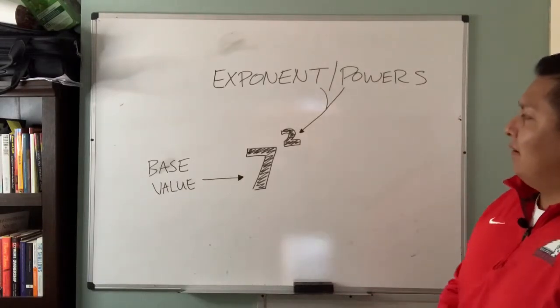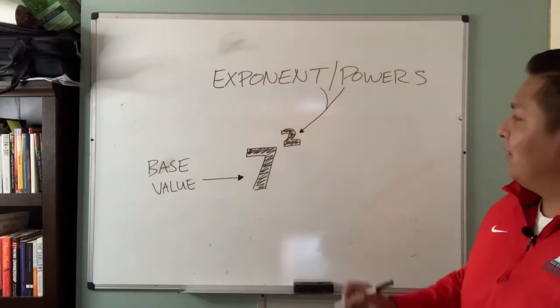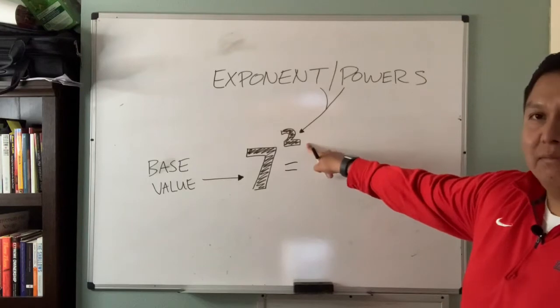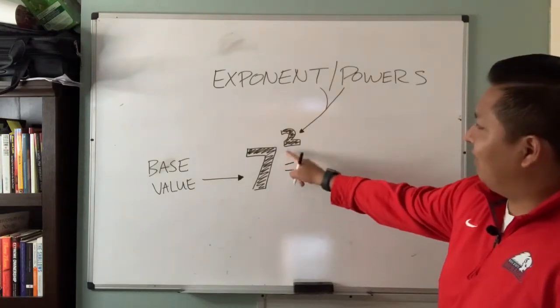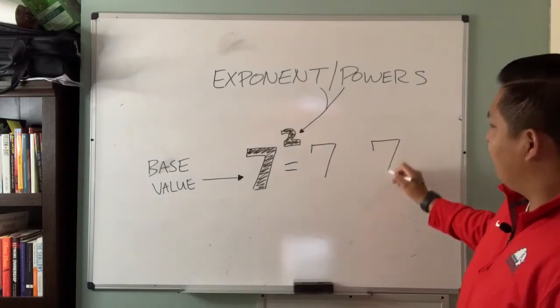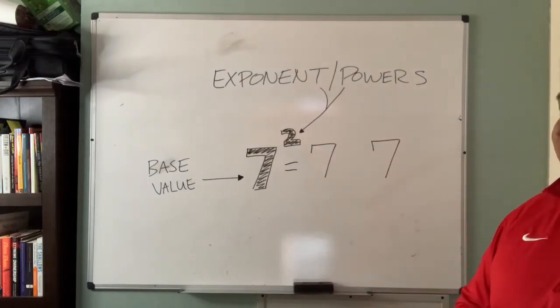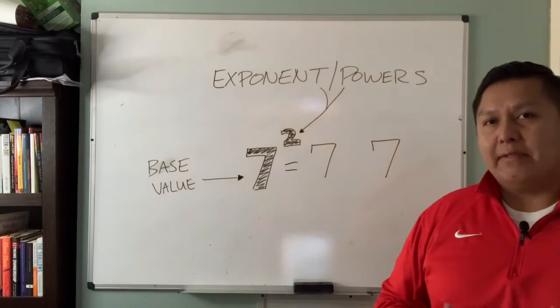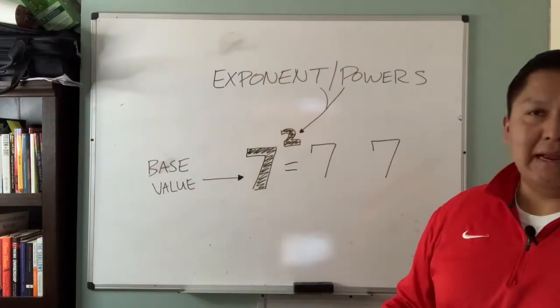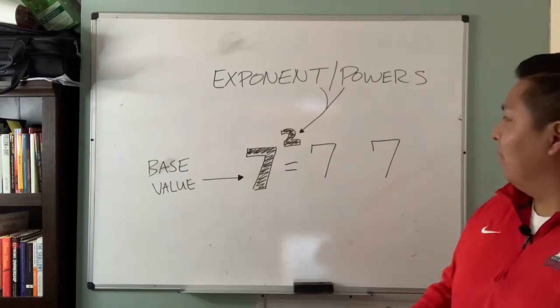How you solve this is you write 7 that many times. So we're going to write 7 two times. As you see there, we have 2 sevens. Anytime you're working with exponents or powers, you have to multiply. You don't add, subtract, or divide, but you multiply.